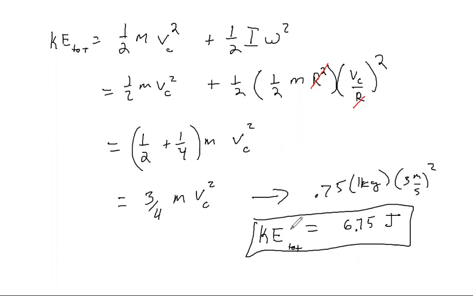All right, so that's an example using rotational kinetic energy. I just want to highlight the formulas. In general, the total kinetic energy is going to now be the sum of translational plus rotational.